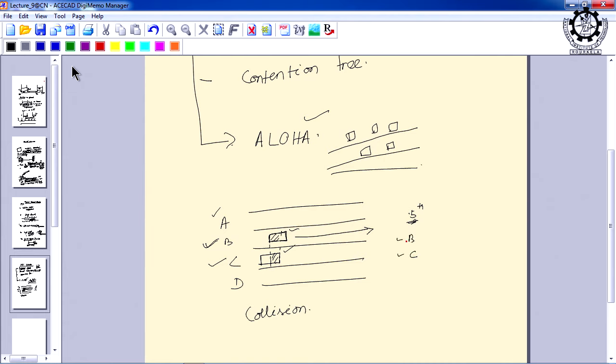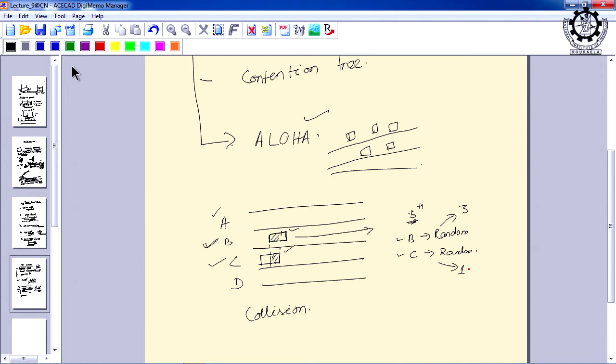So, now they have to stop the transmission, and they have to wait for a random amount of time. Why this randomness has been included, you can understand. Let us say this random time is, for B it is 3 and for C it is 1. So, as soon as the random timer expires, the node again tries to transmit.